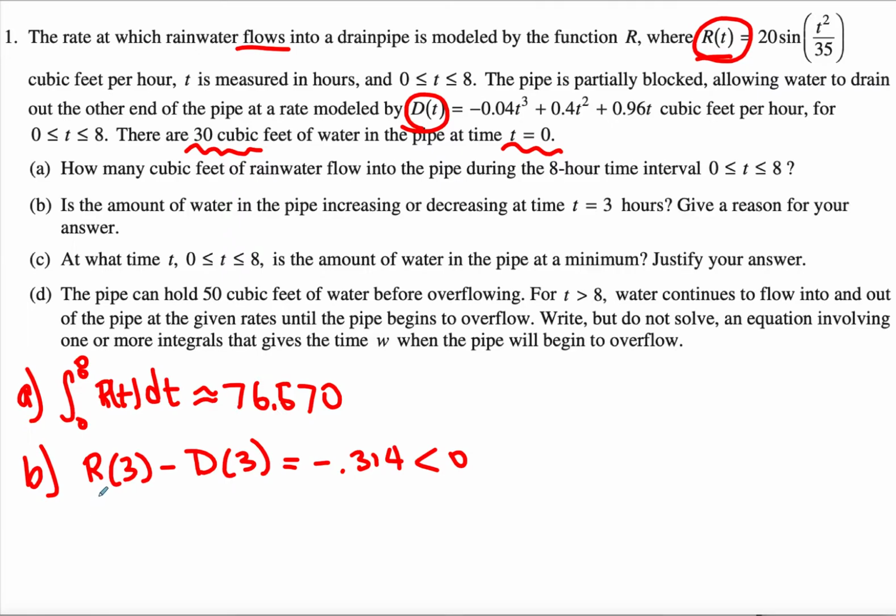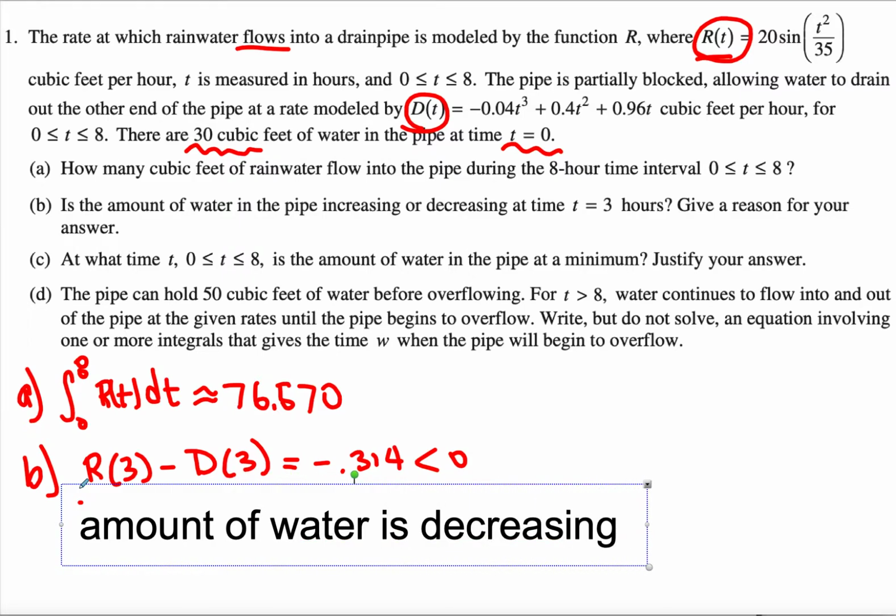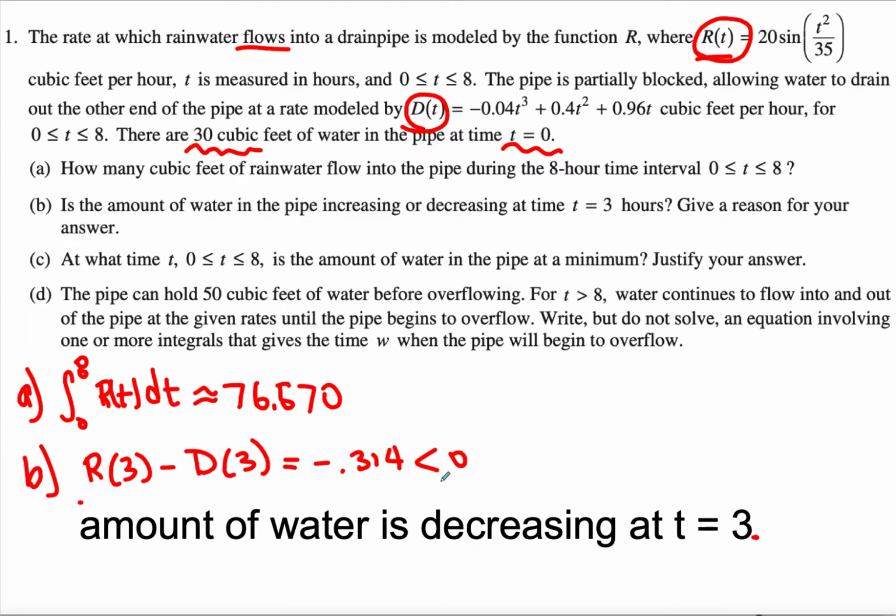Therefore, we can say the amount of water is decreasing at t equals 3, because this one is negative.